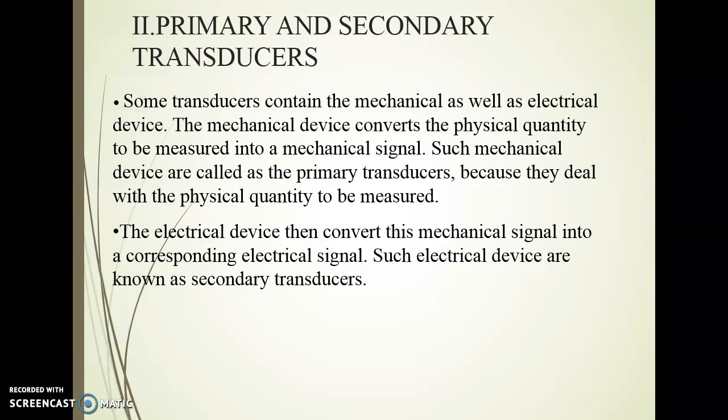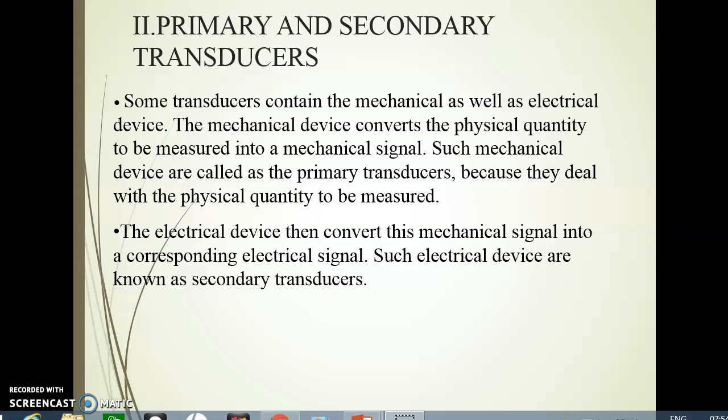The next classification is primary and secondary transducers. In some cases, two transducers are combined together to get our desired output. In most cases, the primary transducer is a mechanical transducer, which means the non-electrical quantity is converted into a mechanical signal, that is, displacement or force.